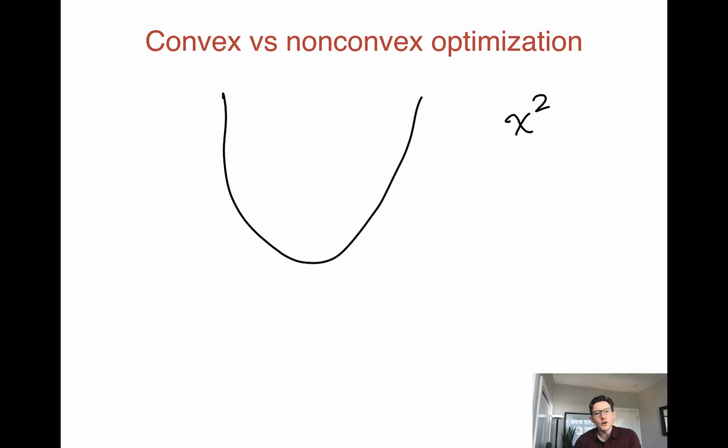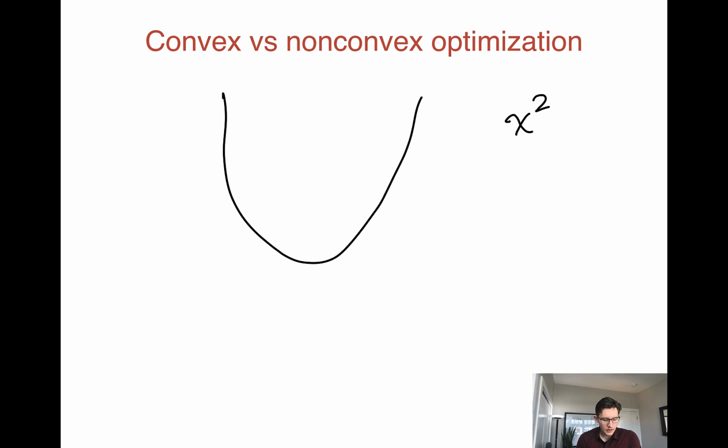In multiple dimensions, a function is convex if its second derivative, that is its Hessian matrix, is positive definite. That's the analogy to having a positive second derivative in the univariate case. Functions don't have to be differentiable to be convex, but that is a sufficient condition if its second derivatives are always positive.